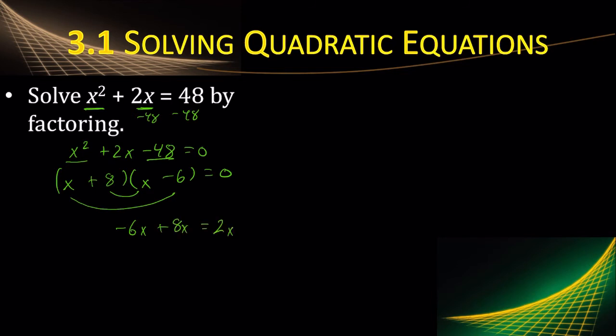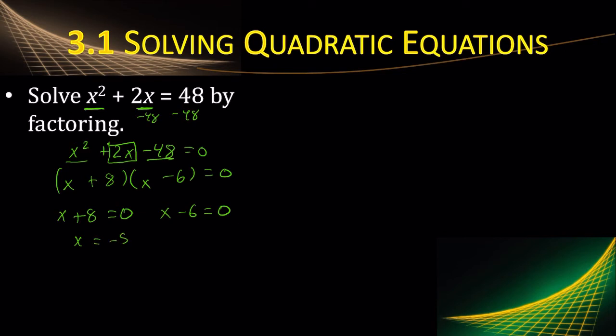And that should equal the middle, which it does. Now, take each of your factors, make them equal to 0, and solve for x. So x is negative 8 and x is 6.